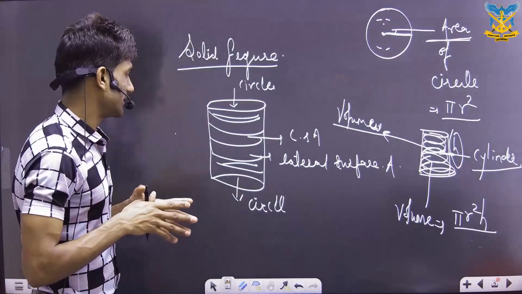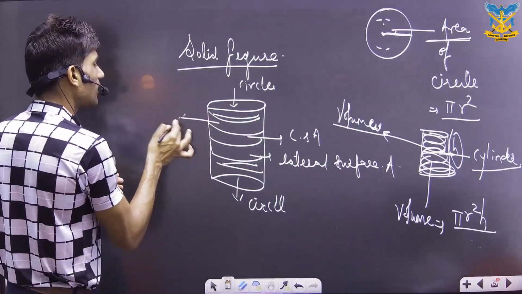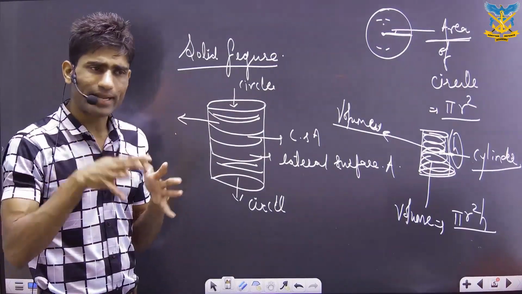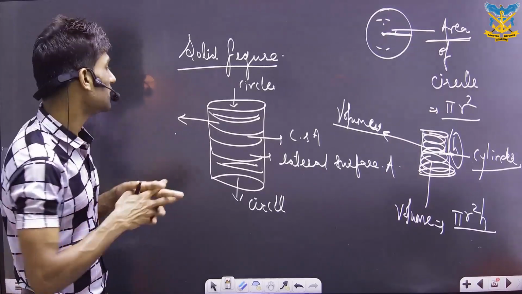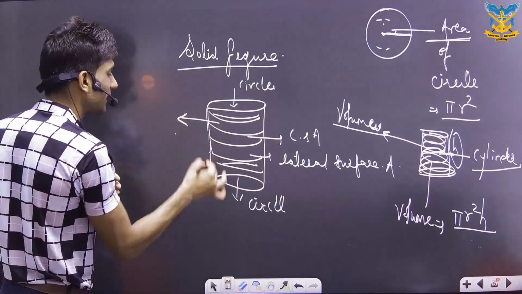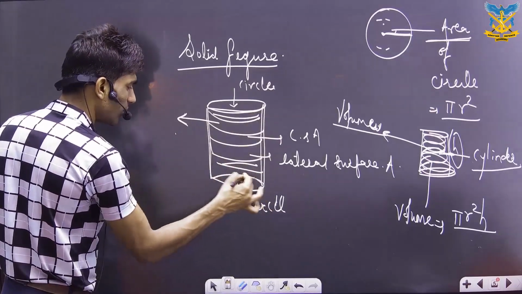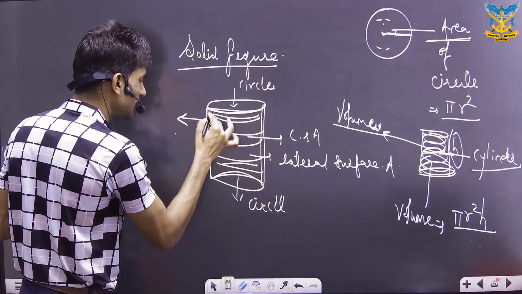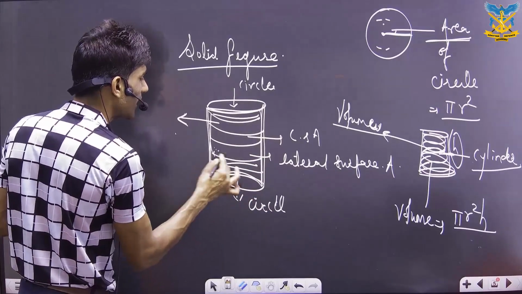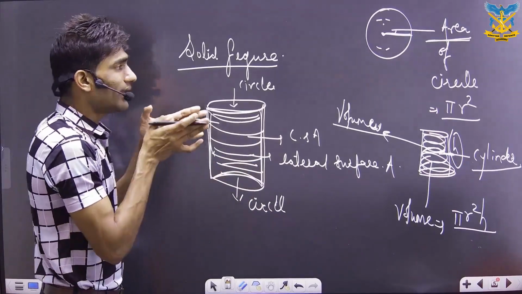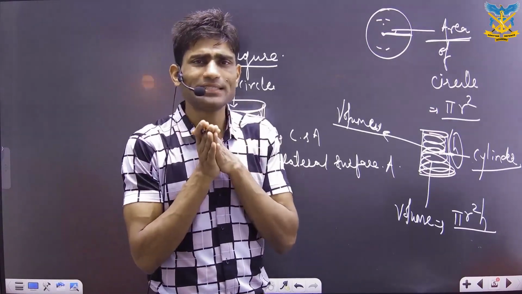This is our curved surface and lateral surface area for our cylinder. Now what is the curved surface area and lateral surface area?